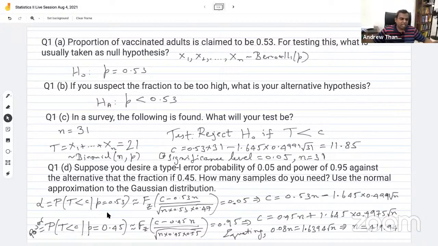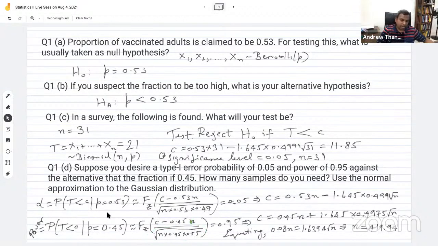Again, it's a very similar calculation. You see how easy and repetitive these things are; once you get the hang of it, the actual calculation is very easy. I use the normal approximation here to simplify: FC of (C minus 0.45n) divided by the square root of n p (1 minus p), and that has to be 0.95.